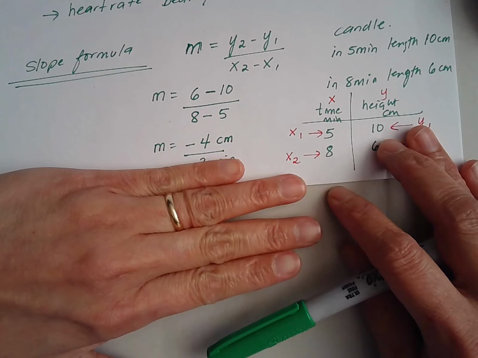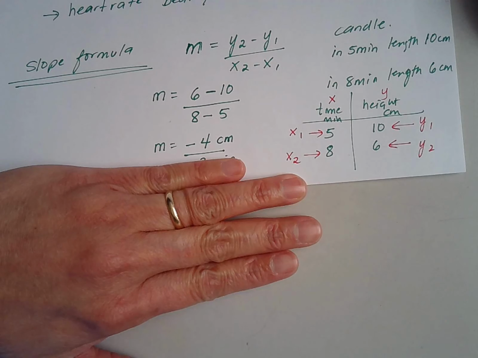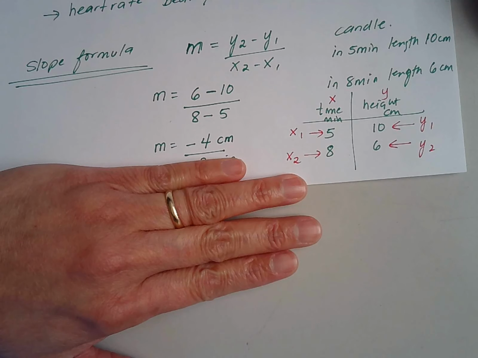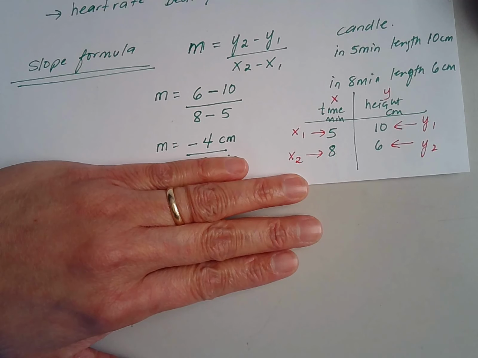What does a negative represent? It went down. Okay, so a negative 4 means it went down, it got shorter, 4 centimeters.